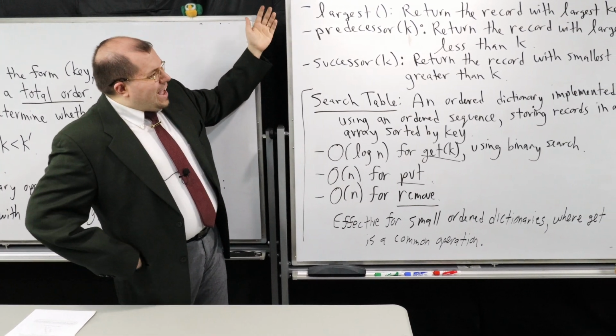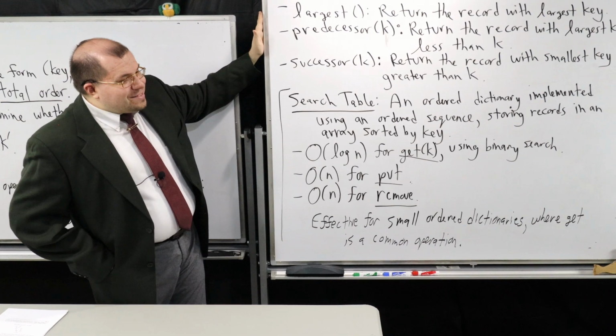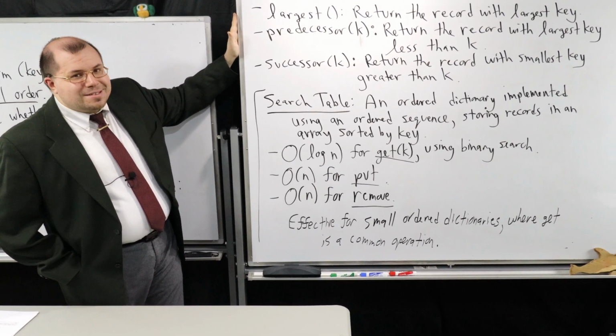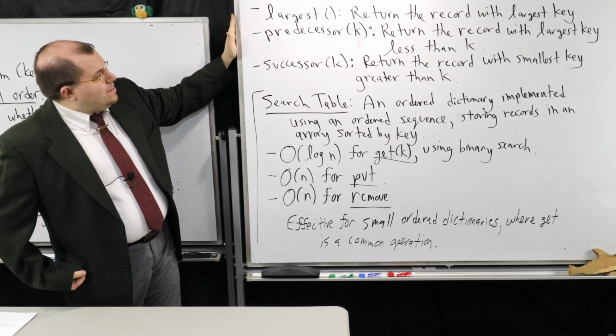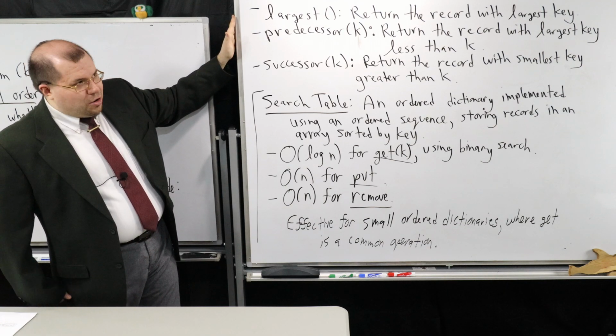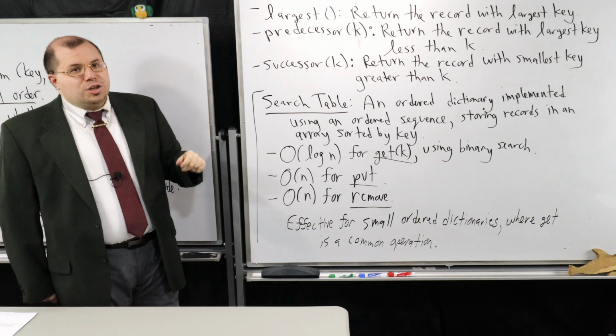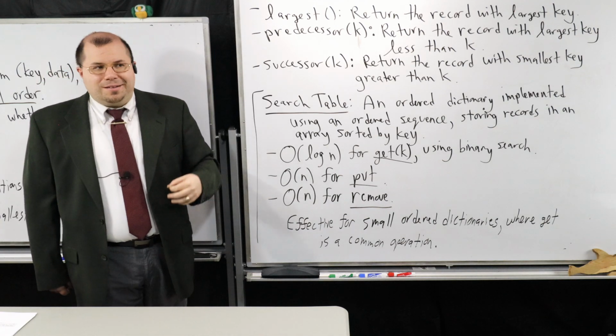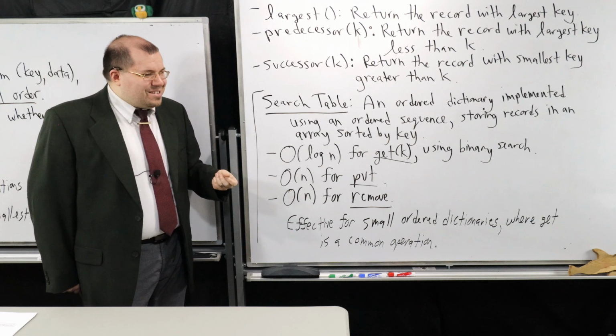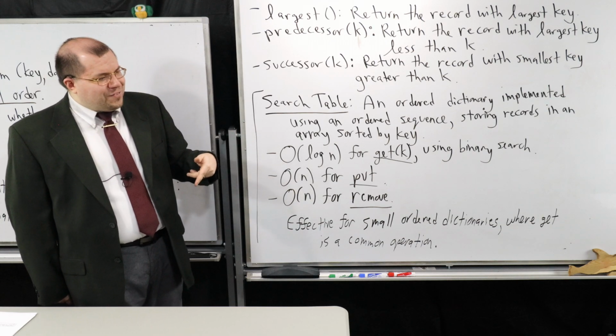So anyways, some other ones also include largest. Largest is simply where we return the record with the largest key. Predecessor and successor are two very interesting ones because they're a little bit different than things that we might normally encounter at first.